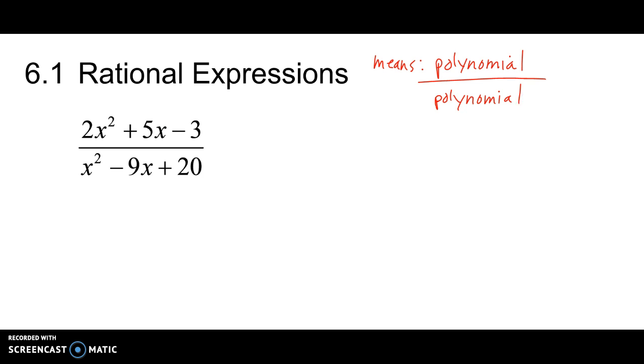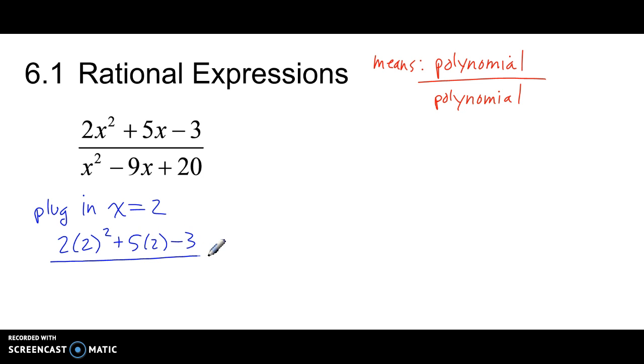And if you're learning a new type of expression like this, one of the most rudimentary basic things that you could possibly do to try to understand it is to just try plugging in things. Like let's try plugging in x equals 2 and make sure we understand what this expression is telling us to do. It means every place where there's an x, you replace the x with the number 2, and then you do all the arithmetic that you're supposed to do based on what you see there in the problem.